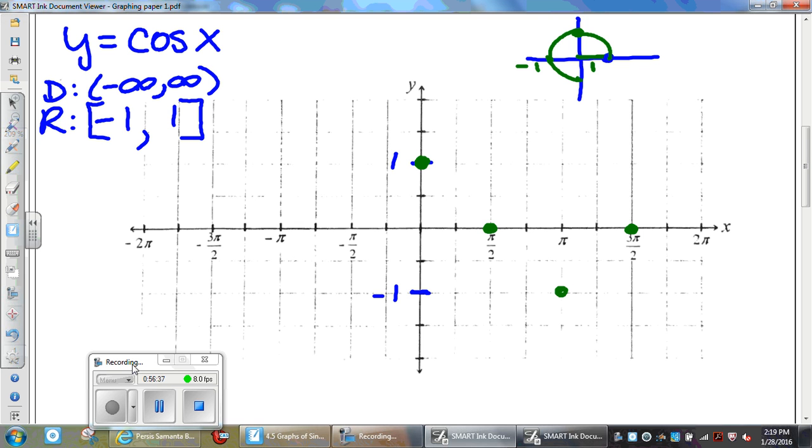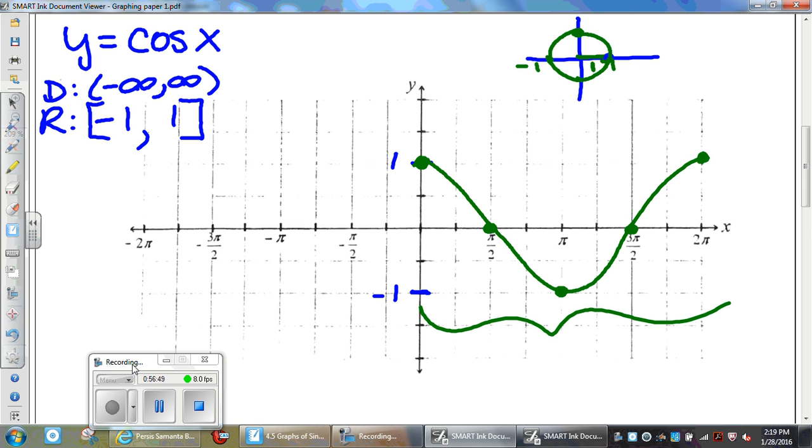What is the cosine of 2 pi? 1. And that right there is 1 full cycle or period. All right? If I want to draw another one, then it will look like this. Cycle.